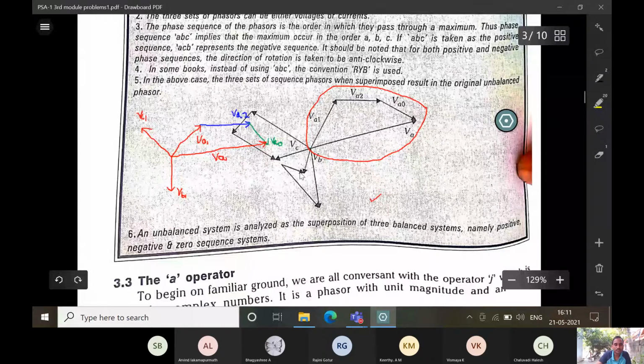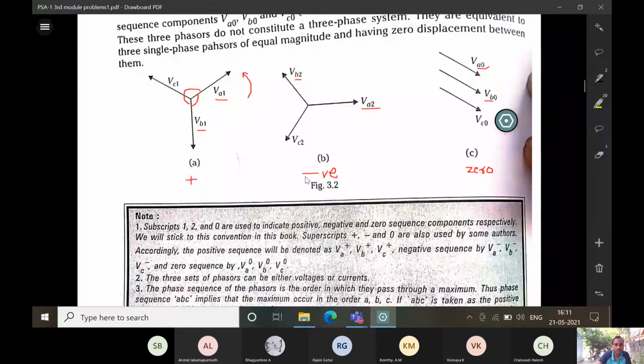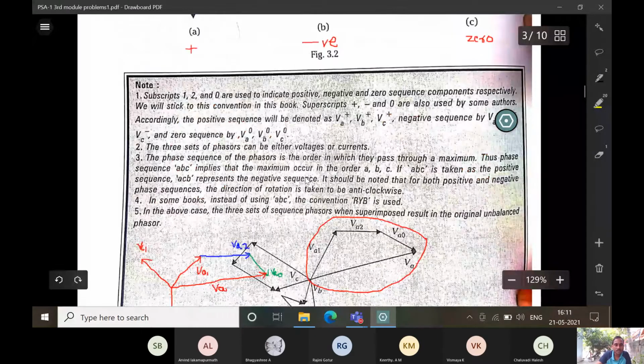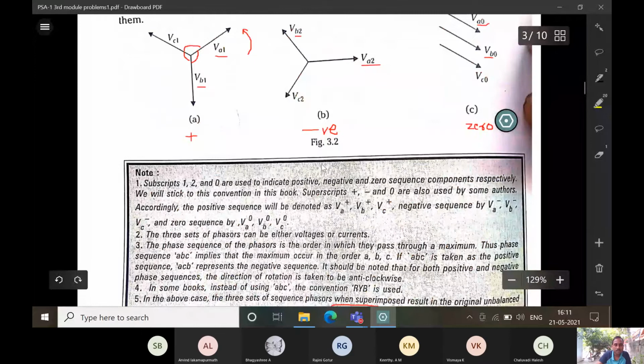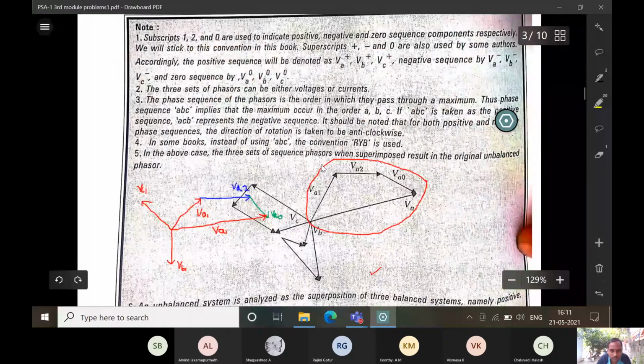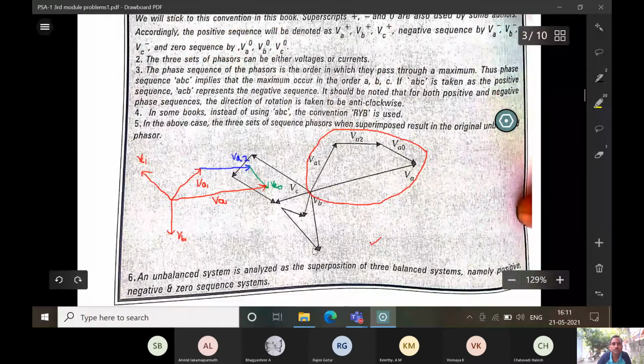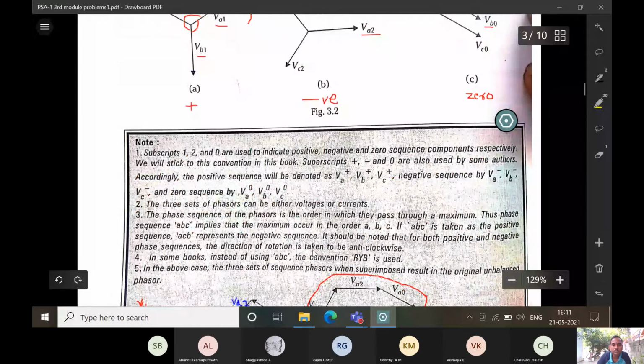So VB1 is in this direction and VB2 is in this direction. This is VB1, this is VB2. One second.